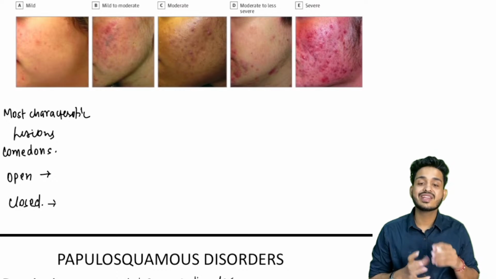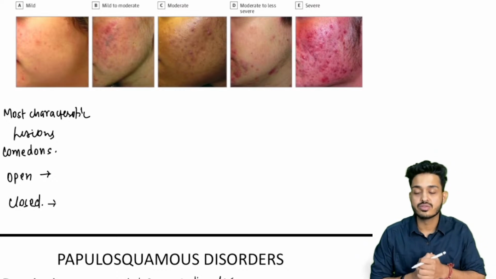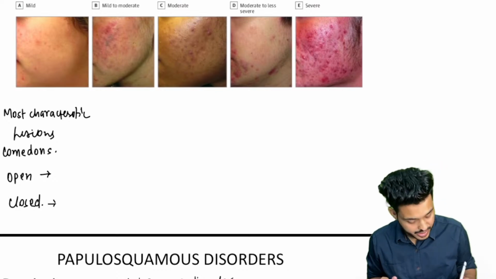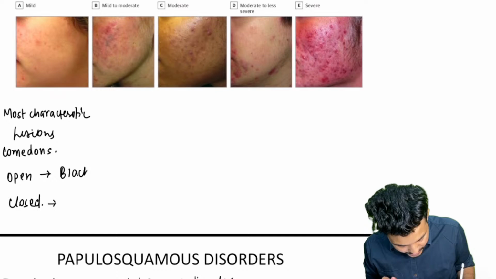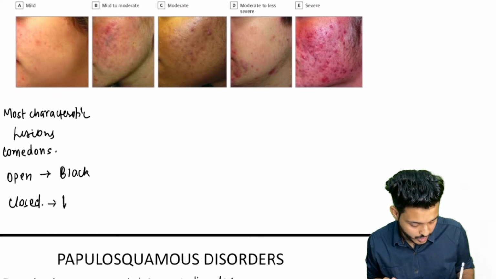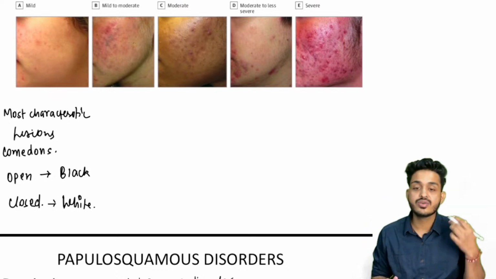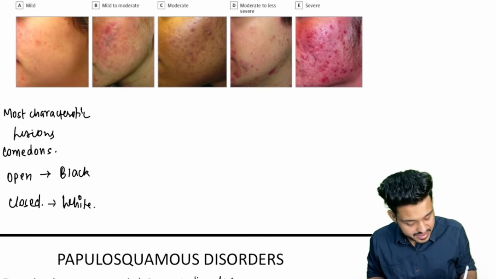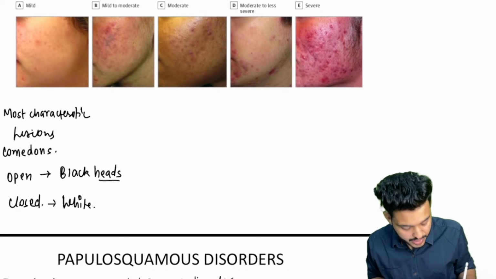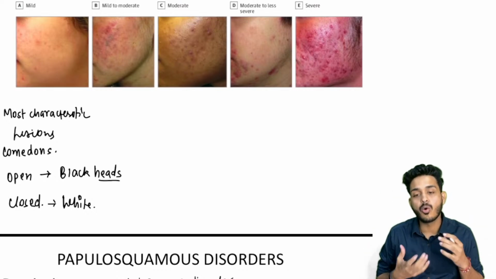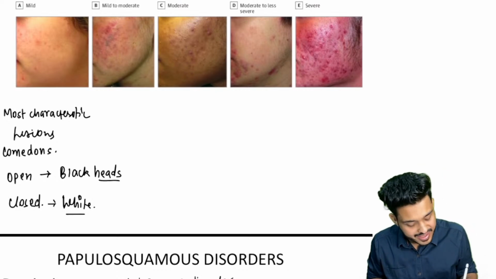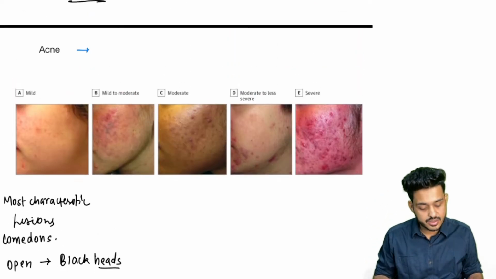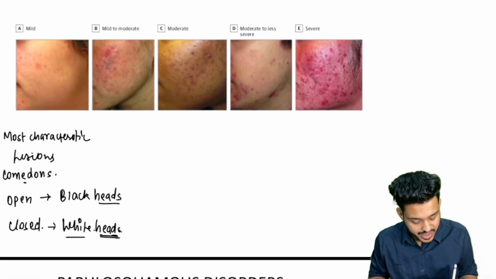The open one will react with the environment and turn black in color. So open would be black and closed would be white. You must have seen blackheads and whiteheads. Blackheads are basically open comedones, and whiteheads are basically closed comedones. So this is the most characteristic lesion.